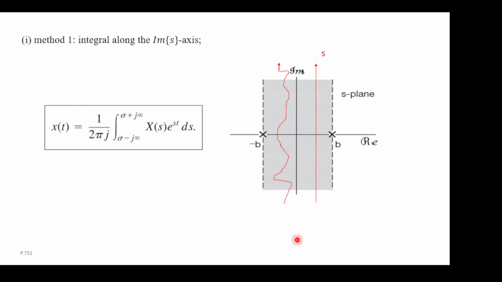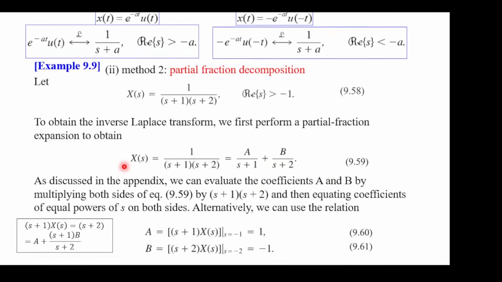Okay, so this is contour integral 1 over 2 pi j, and the integration through this contour of big X of s times e to the st ds. Unfortunately, this is very general, but we don't know how to do a contour integral. So when you take more math classes and learn how to do complex analysis, you will be able to do this. And what we actually do is this kind of cheating way of doing partial fraction expansion.